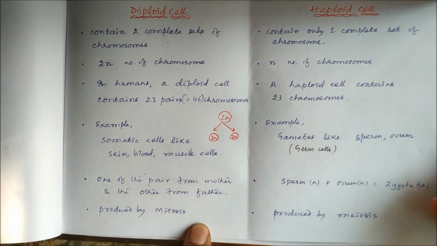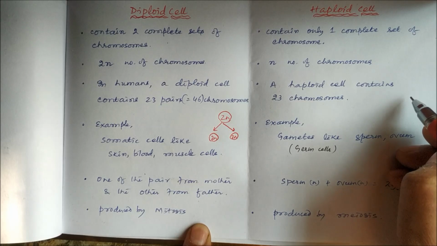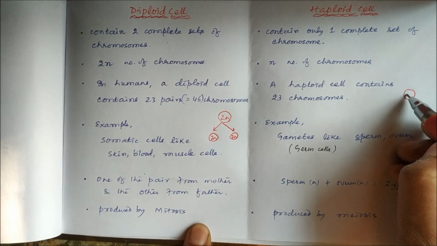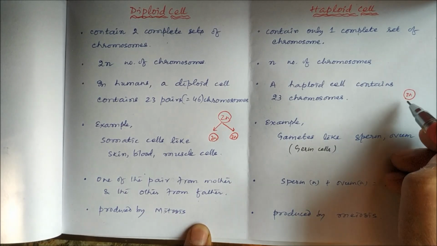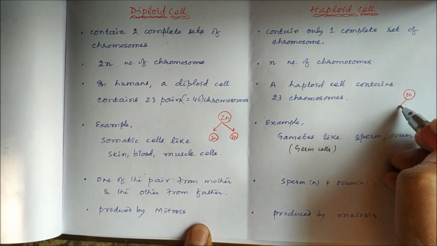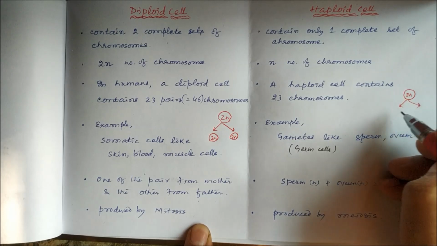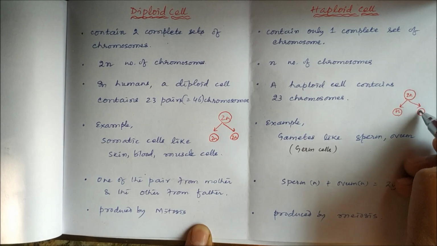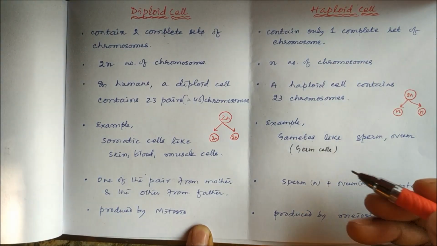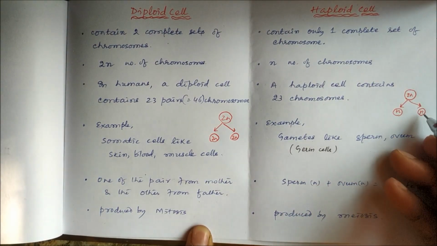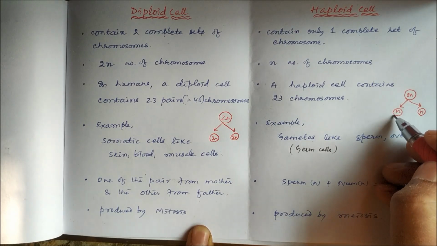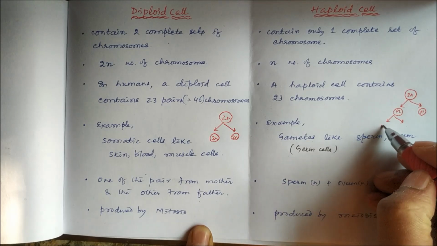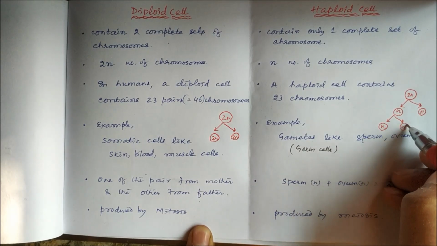Whereas in case of haploid cells, the diploid cell, the 2n, first undergoes the reduction division, and there will be production of two haploid cells, and these germ cells with n number of chromosomes further undergo cell division to produce again n number of chromosomes.